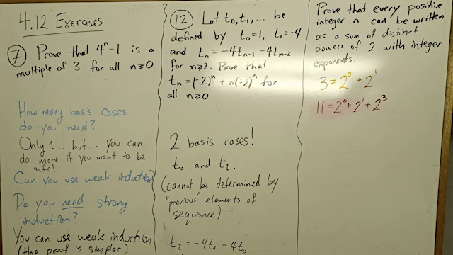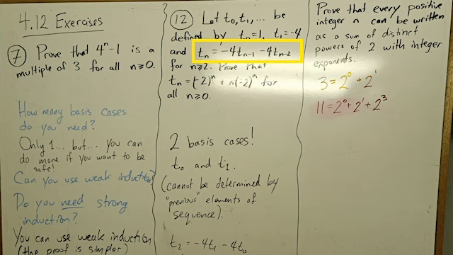If I know the value of Tn minus 1, only Tn minus 1, does that determine the value of Tn? Can I use the information just about Tn minus 1 and nothing else to tell me properties of Tn? And the answer is no, because the formula for Tn involves Tn minus 1 and Tn minus 2. So in order to get information about Tn, I need to go back 2 steps.